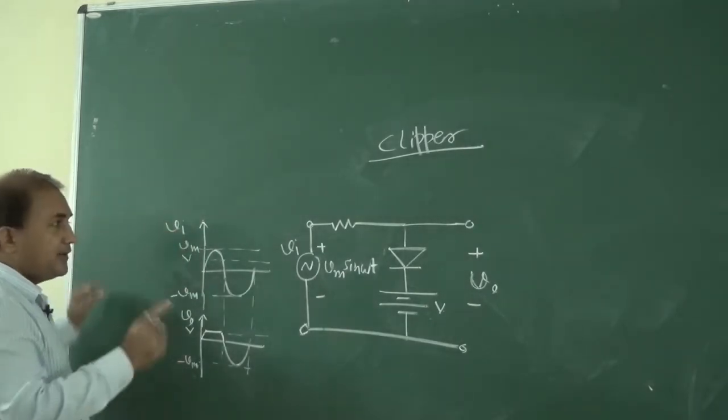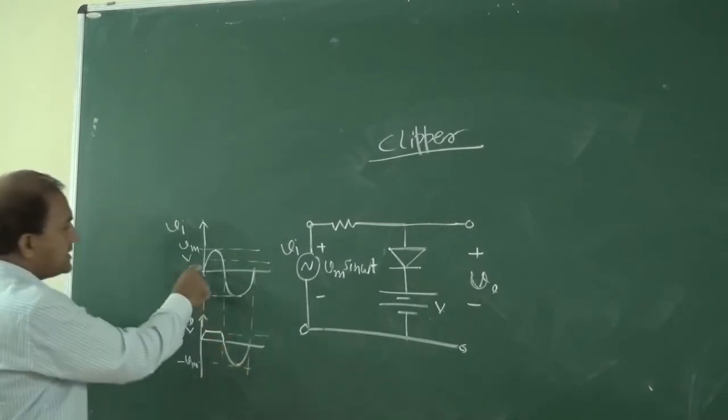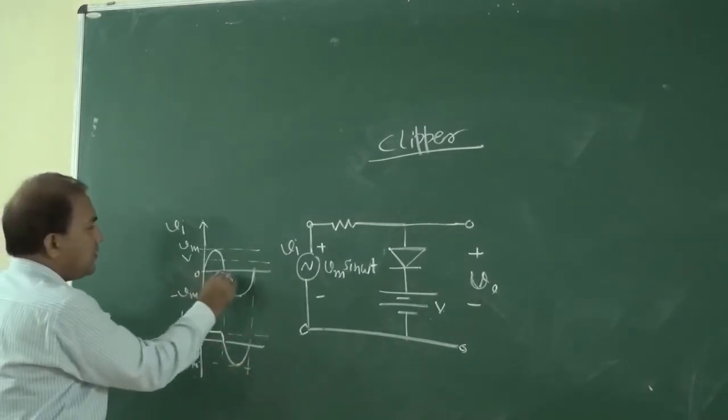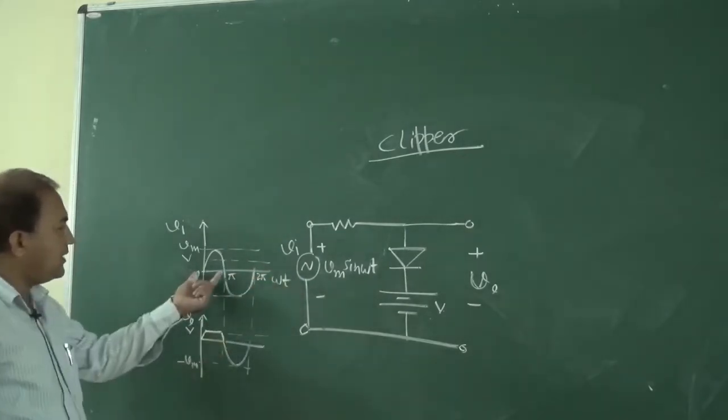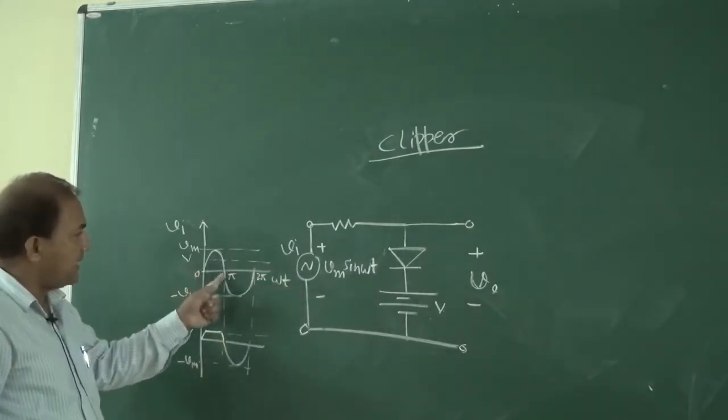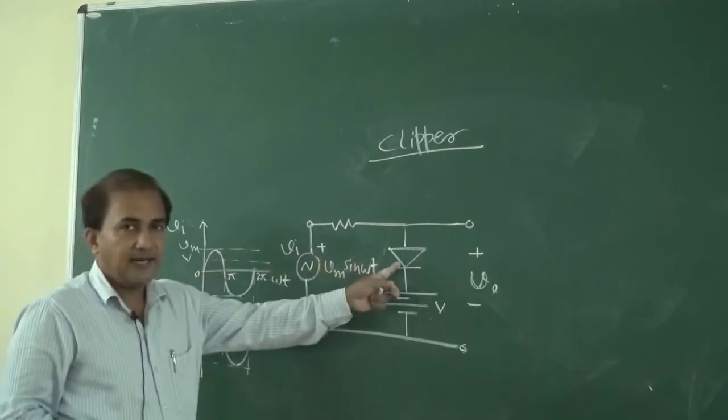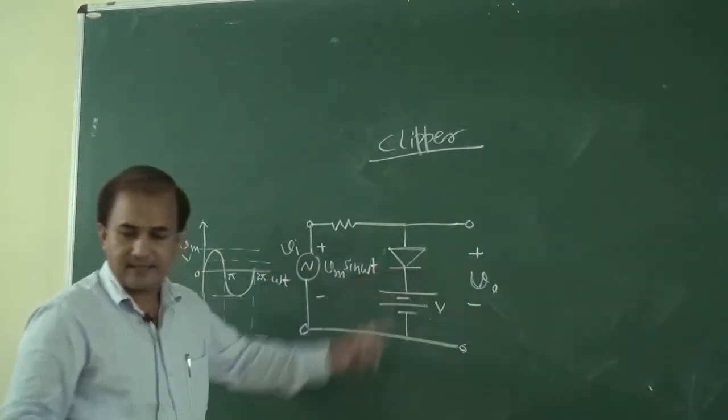Now during the positive half, from 0 to pi, and 2 pi, this is omega t. During the positive half from 0 to pi, this diode will be in forward bias condition.